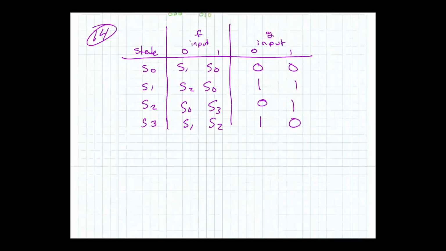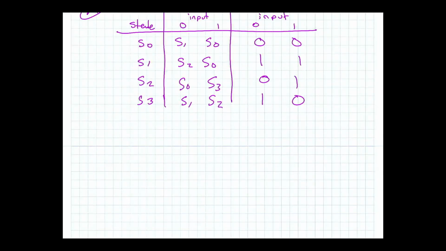Okay, so this is a state table for a finite state machine. And then the questions are basically, do we know how to read this?